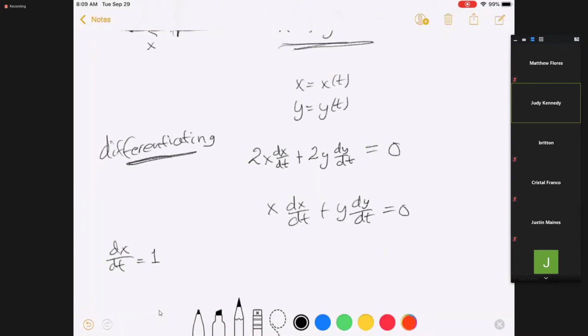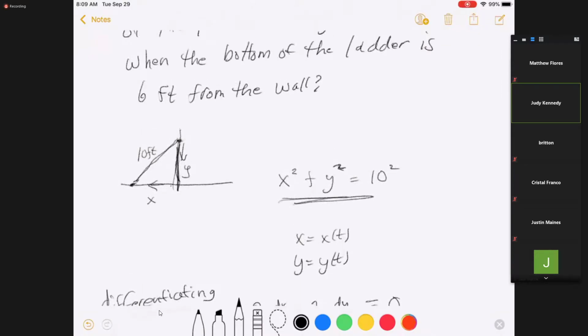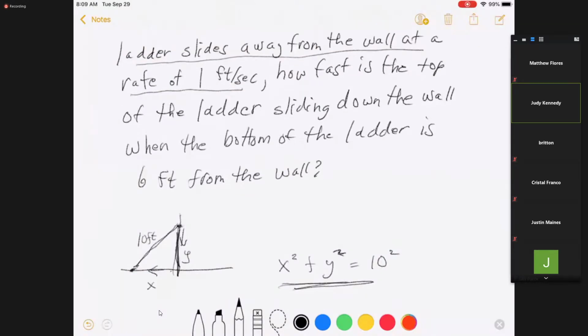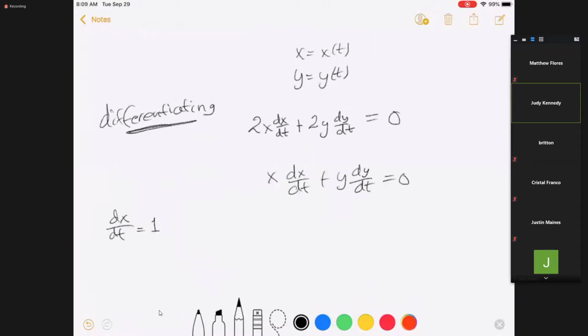I'll leave off the units for the moment. So I know that. What else do I know? Well, we want to find dy/dt. And we're also given that we want to know this at a particular moment in time, when the bottom of the ladder is 6 feet from the wall. That's talking about x at a moment in time. x is 6.